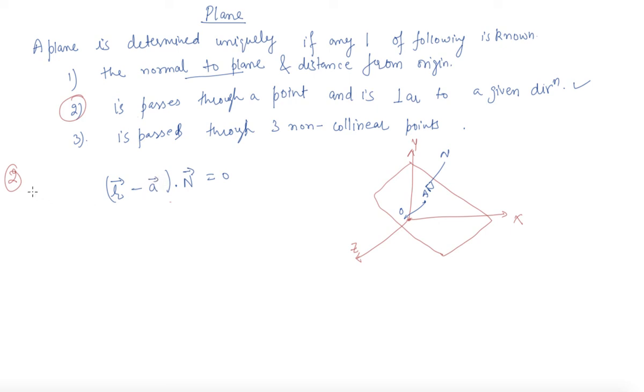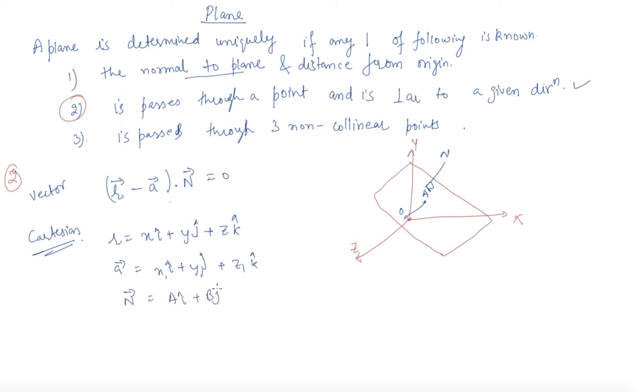And to write this in vector form, and in the Cartesian this will become, where you can write down r as xi plus yj plus zk, and a vector as x1i plus y1j plus z1k, and n vector, the perpendicular vector, as ai plus bj plus ck.